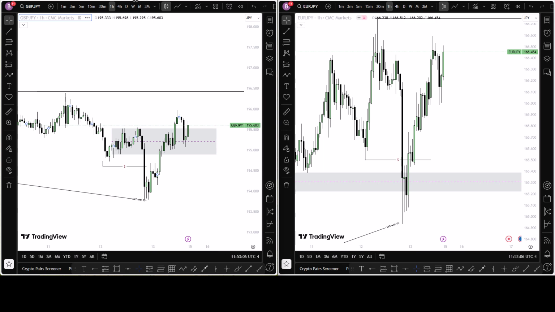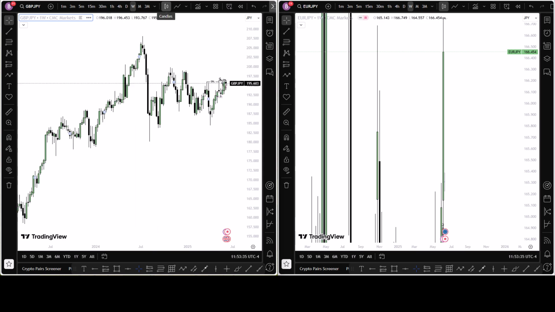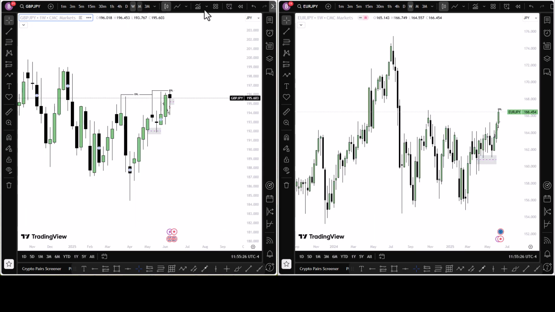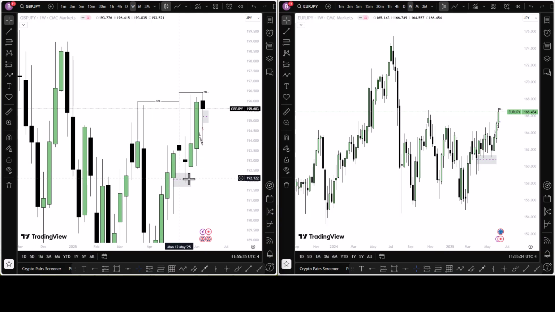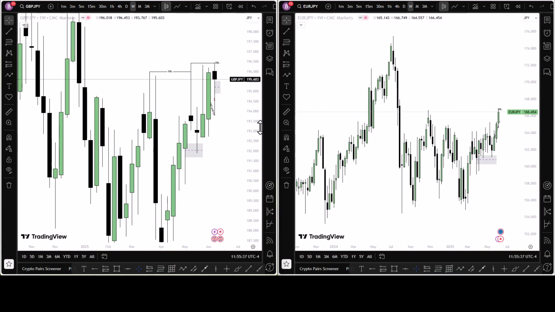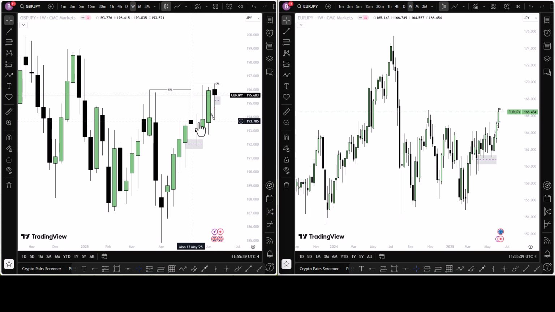So on these 2 currencies, what do we have? We start on the weekly time frame. On the weekly time frame for both GBPJPY and EURJPY, we see that here on GBPJPY, price is already at the breaker block, because we see a low has been taken and price has closed below this high.